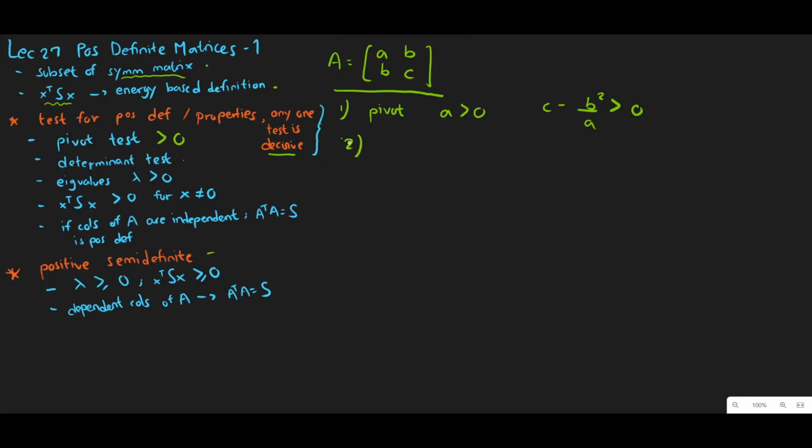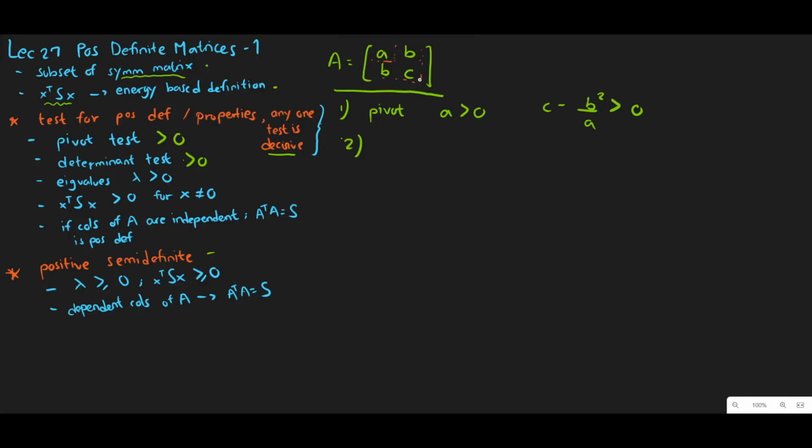And the second one, the most useful or most frequently used one, is the determinant test. It also has to be positive. And it's not only the whole determinant. As you saw in the previous lecture about symmetric matrices, we also need to take care of the sub-determinants.